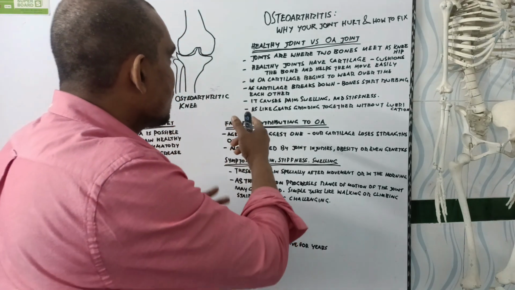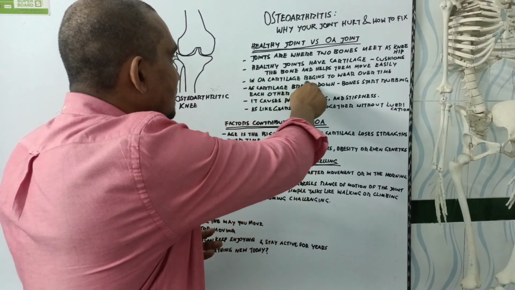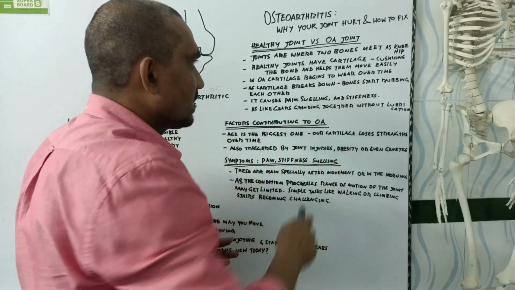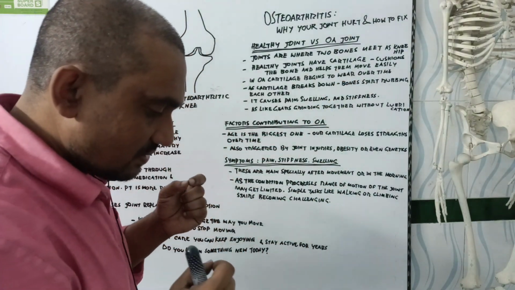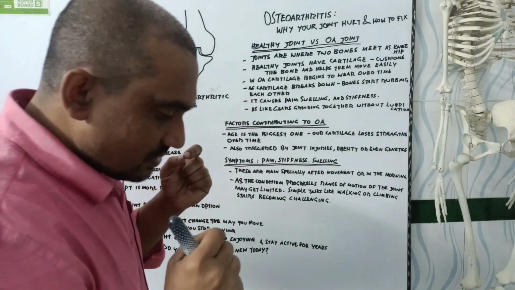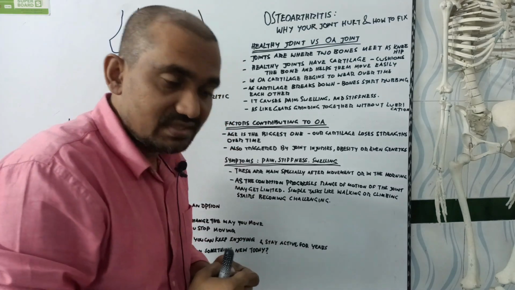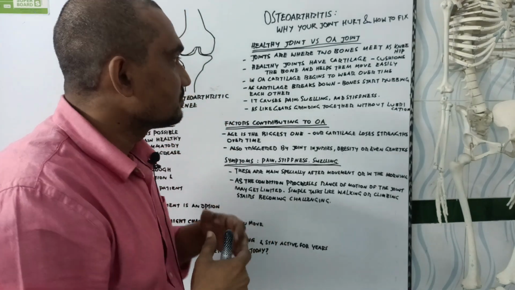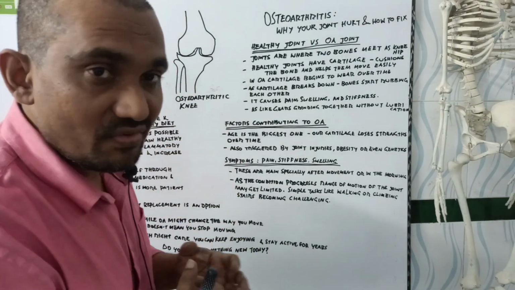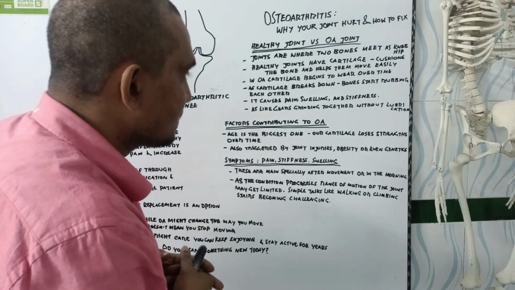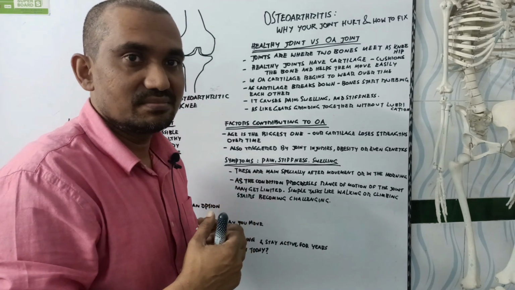In the osteoarthritic joint, the cartilage begins to wear over time. As a result, the ease of movement diminishes.